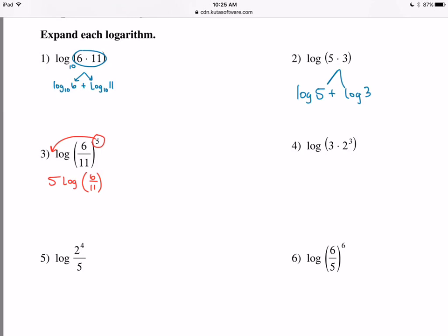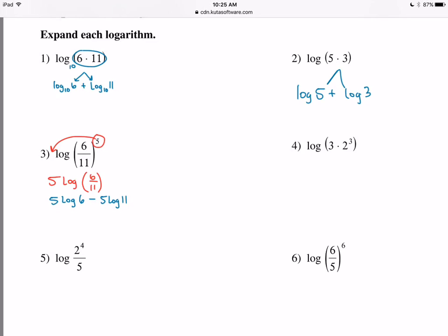And then let's talk about number one. In number one, it was 6 times 11. We split it into two different logarithms, and we added them. What do you think we do when we divide? Correct, we subtract the two logarithms. So this time it's going to be 5 log 6 minus 5 log 11.